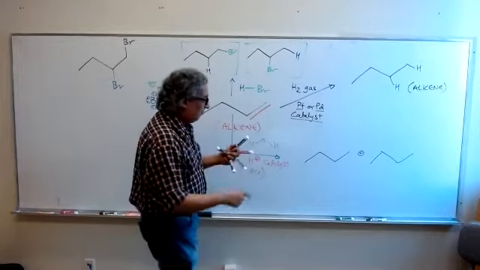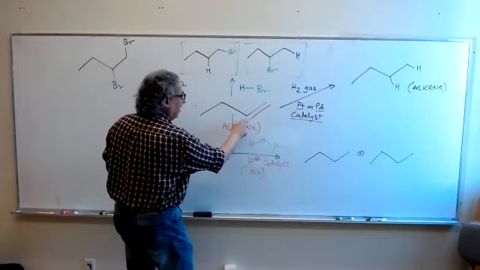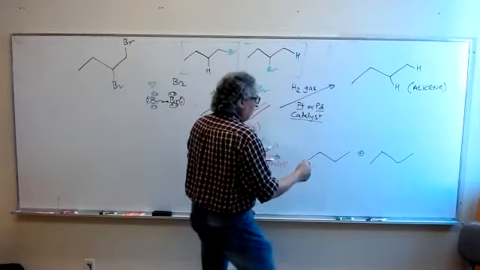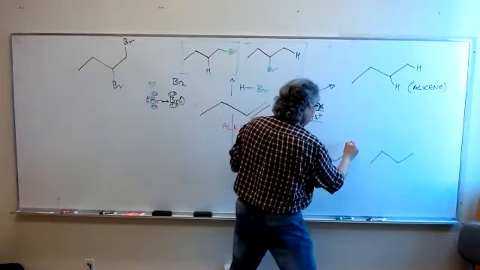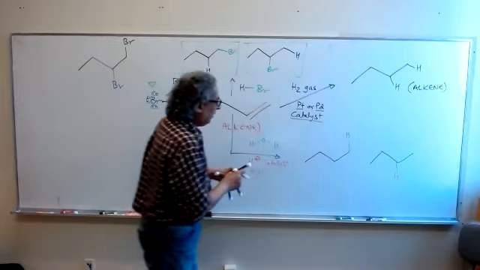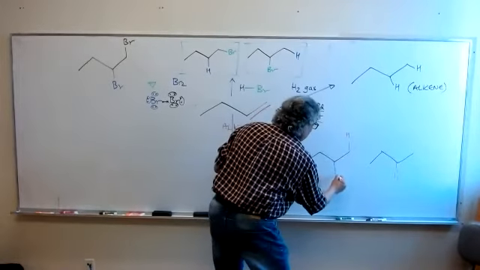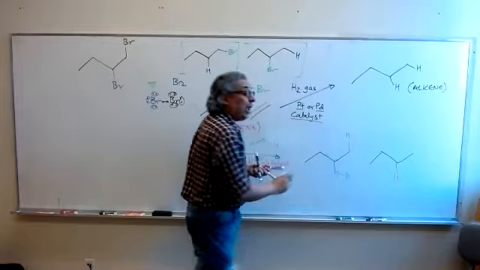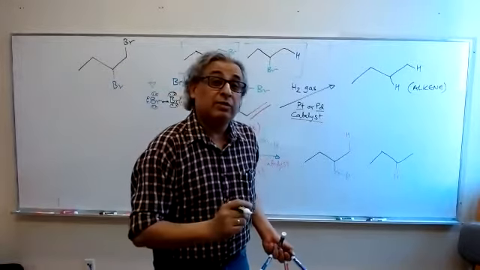Yes, it does. So the proton H plus gets added here or here. Let's do it one at a time. Let's say the H plus gets attached here, and the water gets attached here as OH. Water gets attached, and then it loses one of the hydrogens.